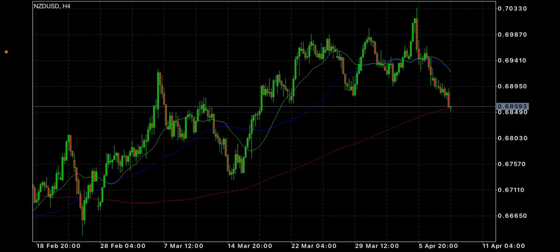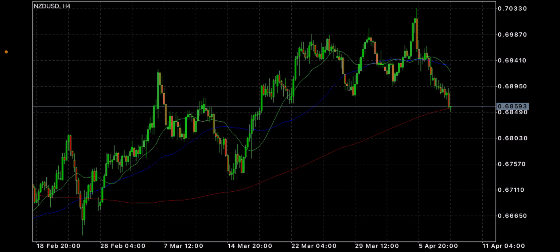The economy was performing strong for a long time, and now we're starting to see the woes of inflation and high gas prices start to affect the New Zealand economy, and this is being reflected in the poor news that we've been having coming out about the NZD.